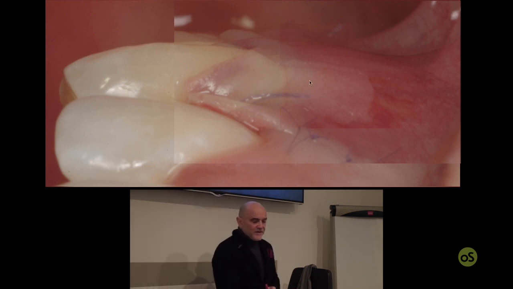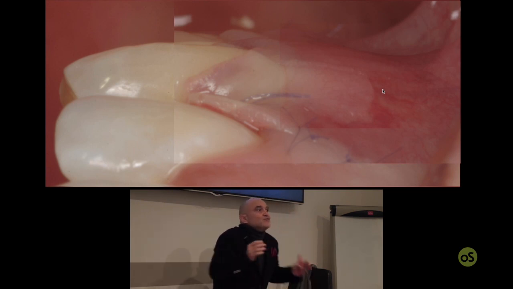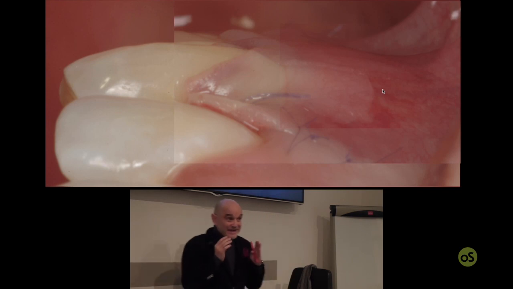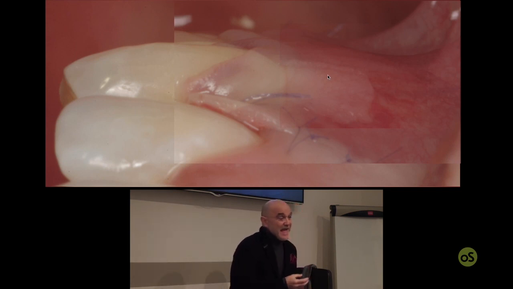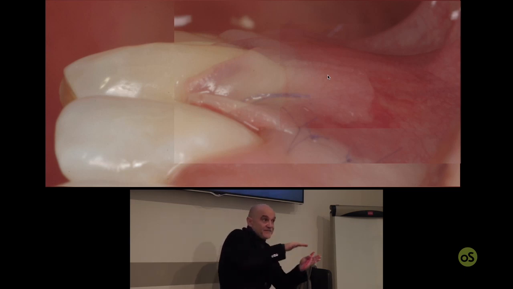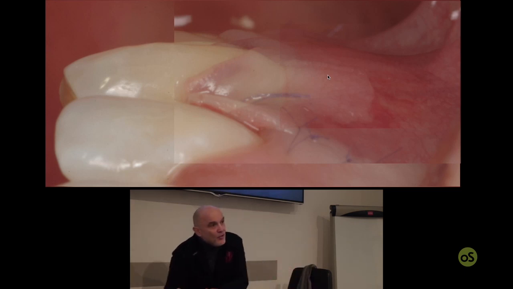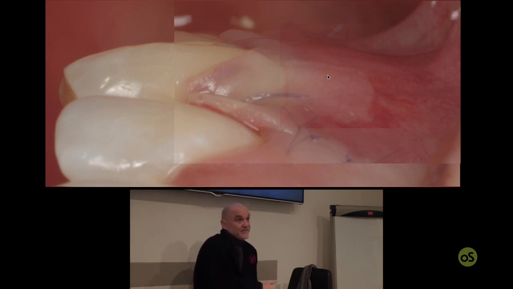Furthermore, if you leave it exposed, you have to take it thick because you don't know if it survives. While if you cover it, it's not the graft that makes the thickness by itself, but the combination of graft and flap that makes the right thickness of the tissue. So the risk of losing thickness in the graft when it's left covered is very, very low with respect to the risk of losing thickness where the graft is left exposed.